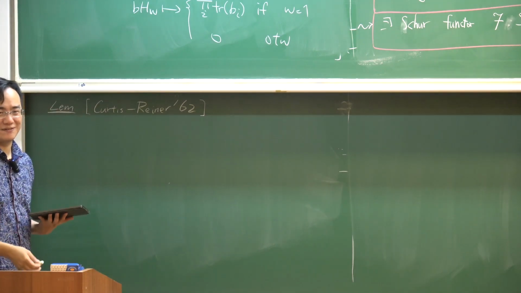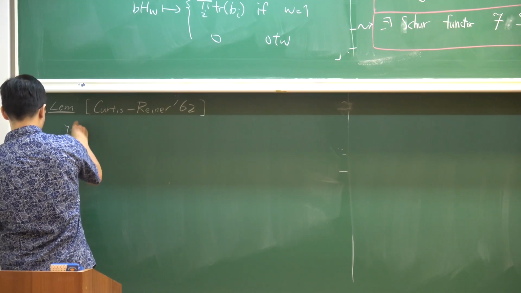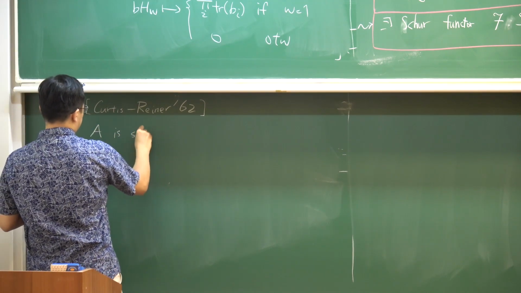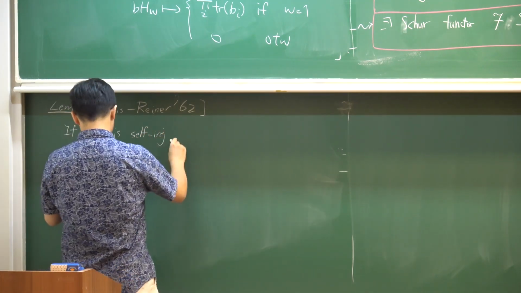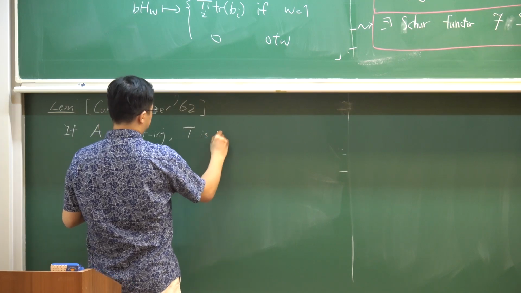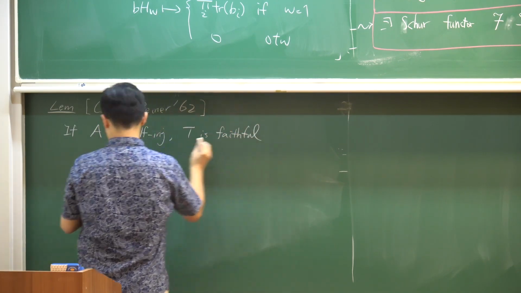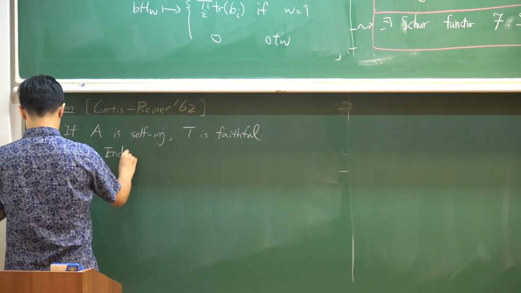It must be known pretty early. But anyway, the condition you need is A is a self-injective algebra, and T is a faithful A module. Then you can identify this.